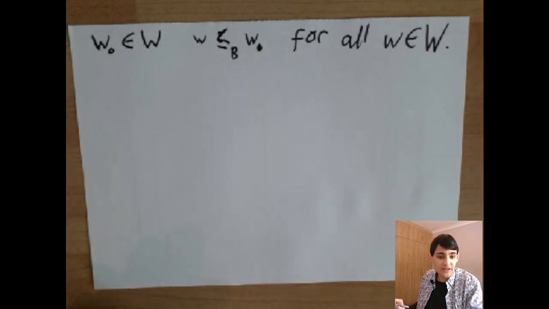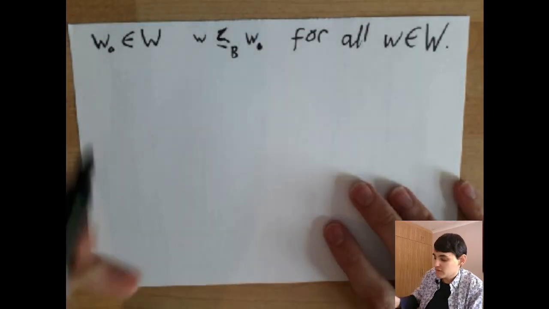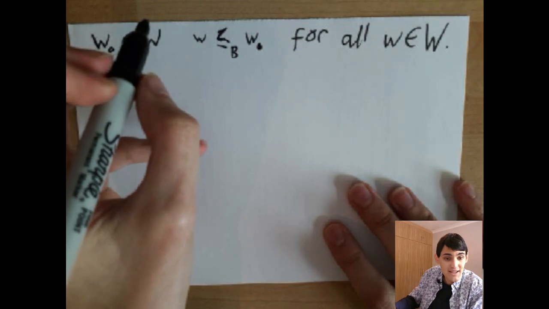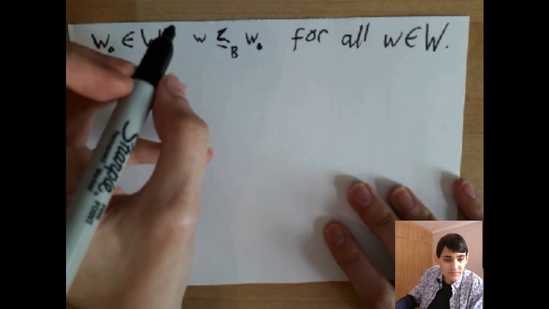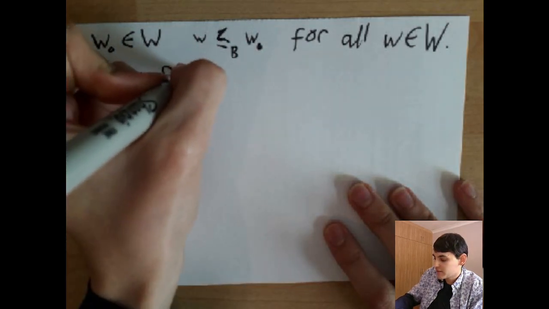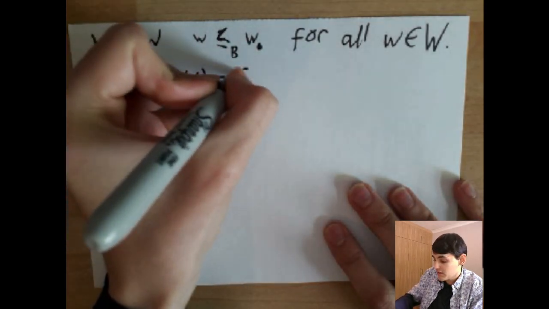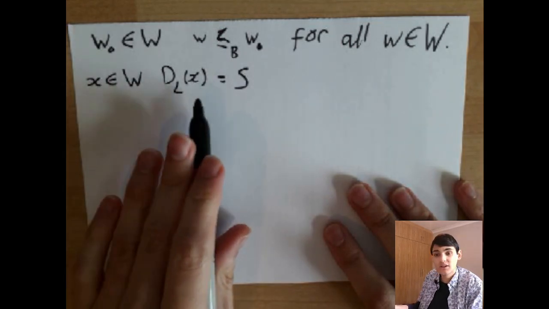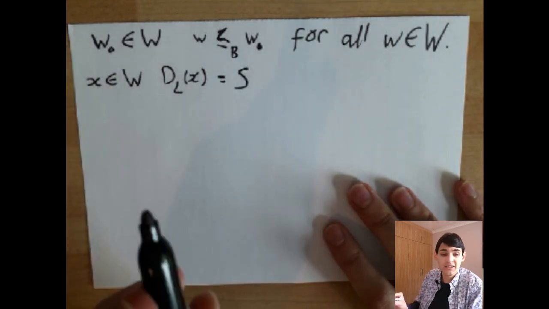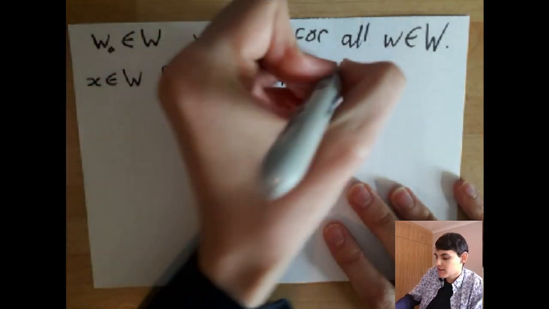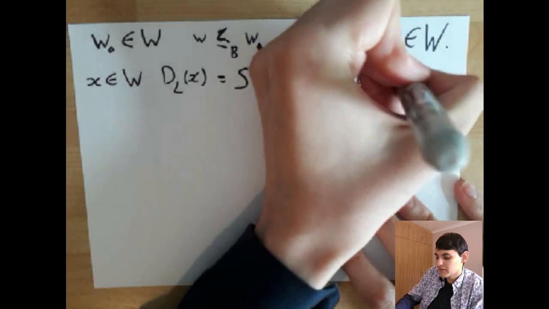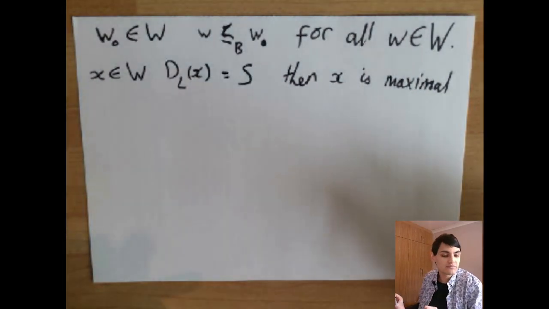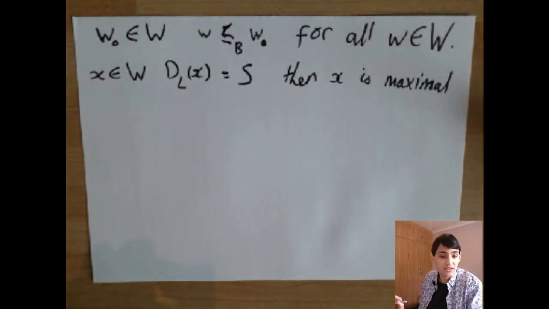The corollary of this is that if you've got some element x in W, and the descent set of x is all of S, so it's all the generators that shorten the length of x, then x is precisely the maximal element. It's pretty interesting.